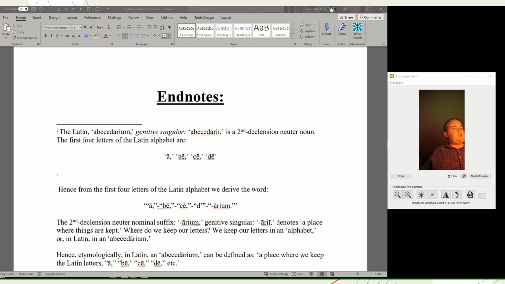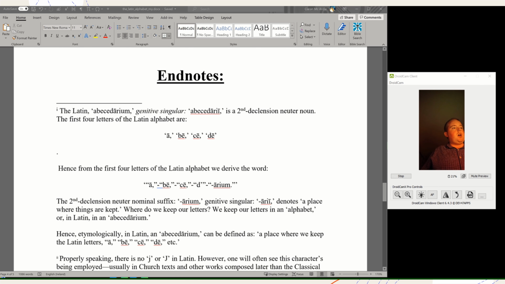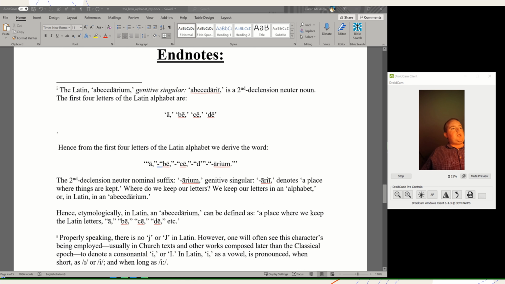The second declension neuter nominal suffix -arium, genitive singular -arii, denotes a place where things are kept. Where do we keep our letters? We keep our letters in an alphabet, or in Latin in an abecedarium. Hence, etymologically, in Latin, an abecedarium can be defined as a place where we keep the Latin letters A, B, C, D, etc.